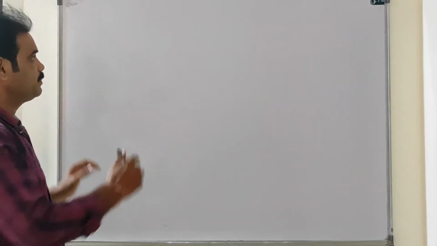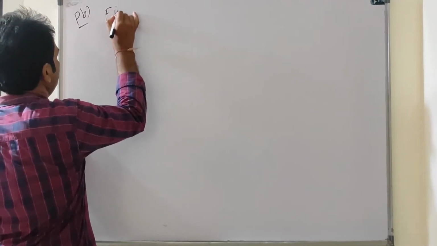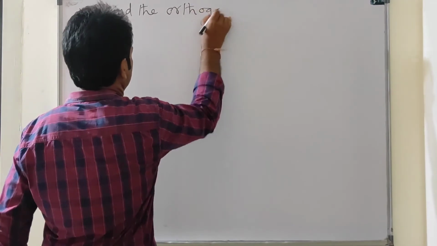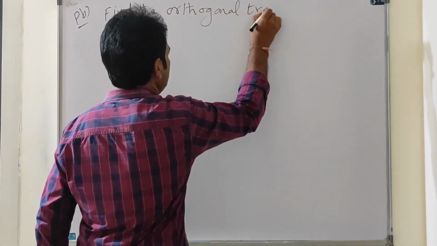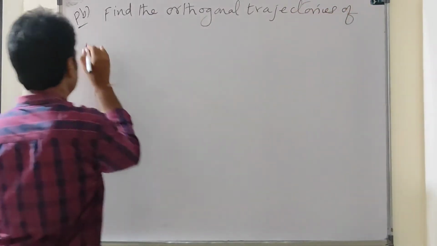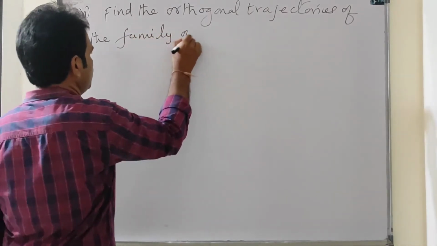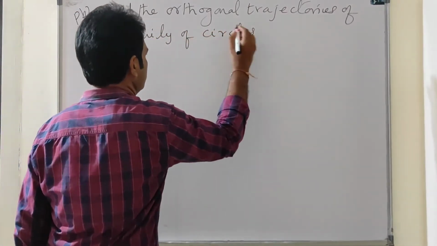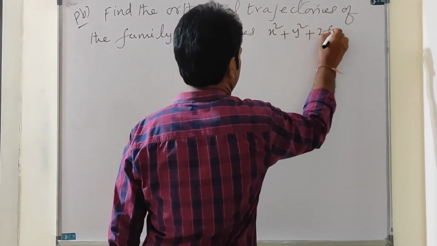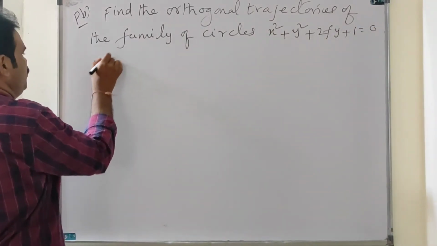See the problem. Find the orthogonal trajectories of the family of circles x square plus y square plus 2fy plus 1 is equal to 0, where f is a parameter.